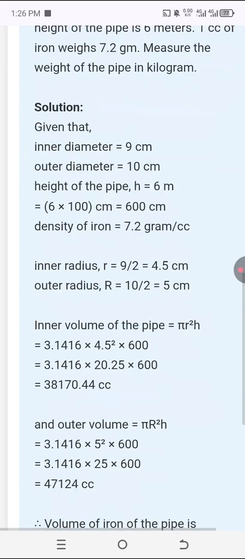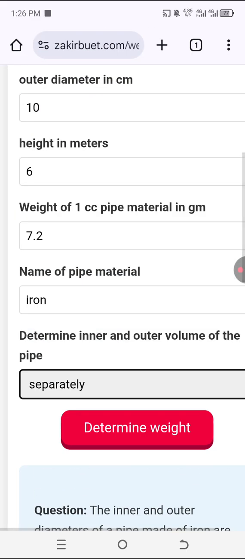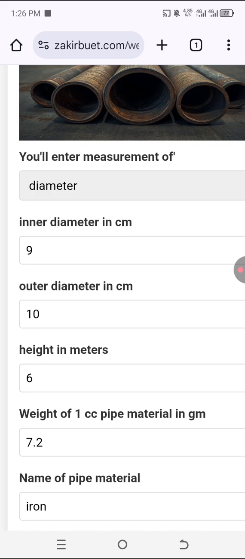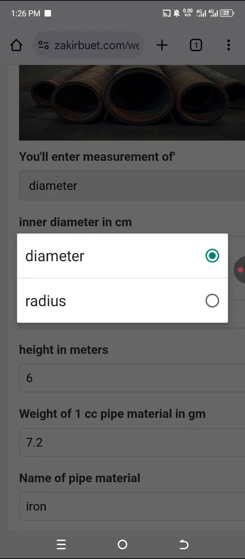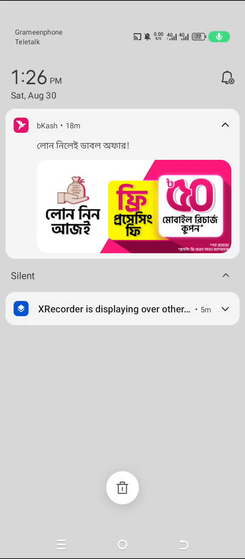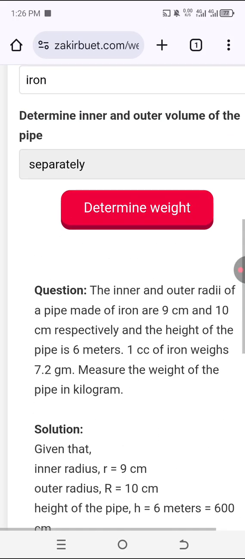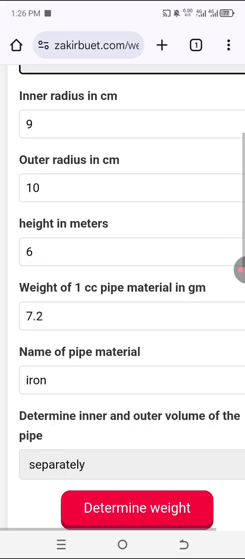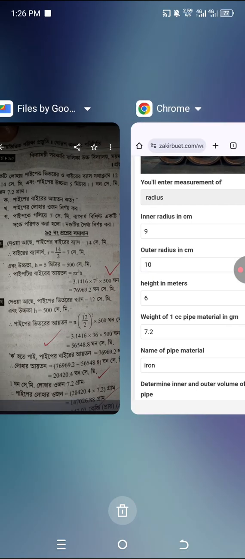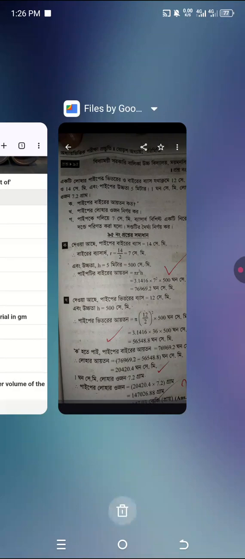Like take a look at this value, it is 64.47, but if you change the diameter to radius, you will find that it will be fourfold, just like this one. Okay, so let us go back. We were supposed to do it separately and the values were 12 centimeter, 14 centimeter, and height is 5 meter.